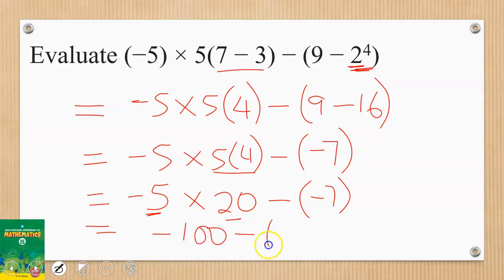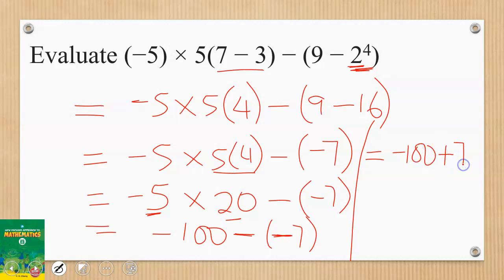Then minus into bracket negative 7. Now we know that anytime we have negatives like this, they become addition. So this equals negative 100 plus 7. And when we do that, we have our answer to be negative 93. Good. And that becomes the answer, right?